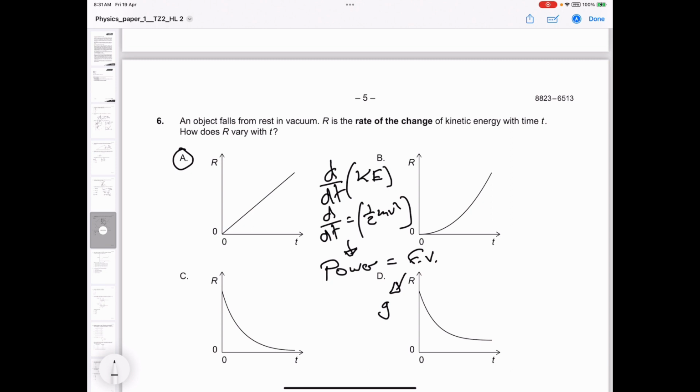The rate of change of kinetic energy must be increasing with time, therefore it can't be C or D. And because power is directly proportional to velocity, the answer was A, the diagonal straight line, not B, the curved line.